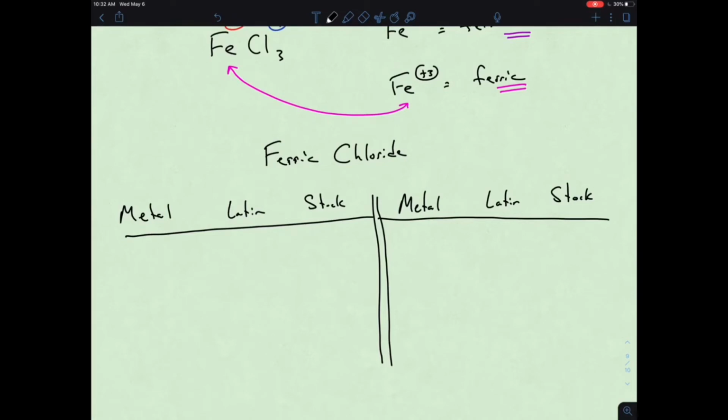And so we could look at tin. This is stannous, so it would have that Roman numeral 2, or tin 2.